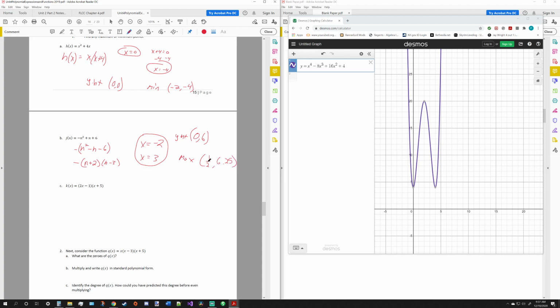I believe that comes out to be 1/2 or 0.5 and 6.25.